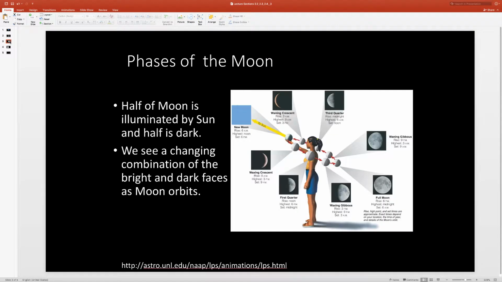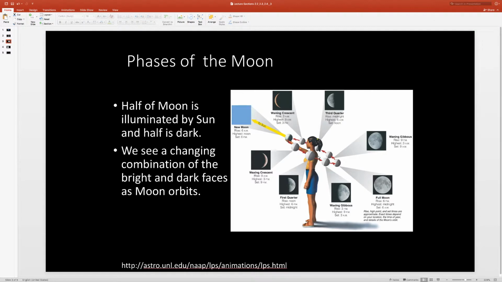Let's look at a different diagram here. In this diagram, it's a little better because they're showing you there's no moon to see during the new moon, because the sun is over here and the sun is illuminating the back side of the moon and there's no illumination for you to see. Whereas if you look at the full moon over here, right, actually it's a waxing day, but here's the full moon.